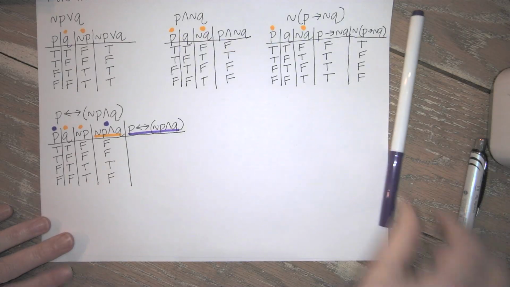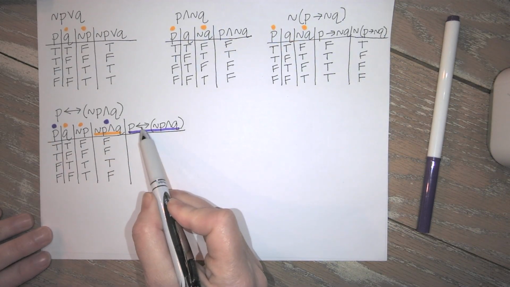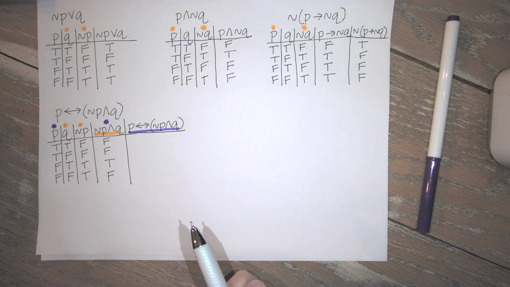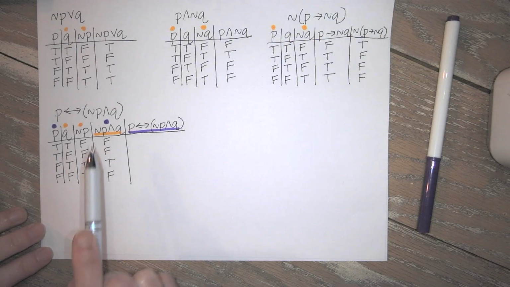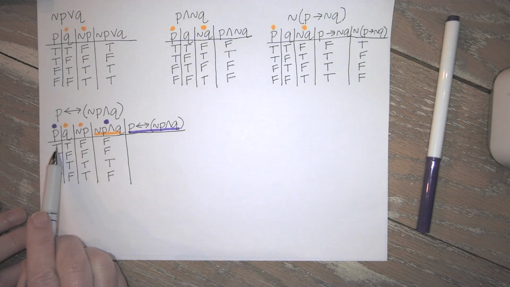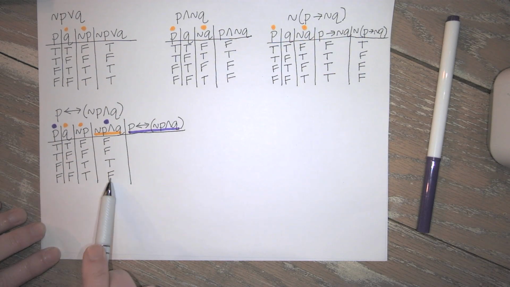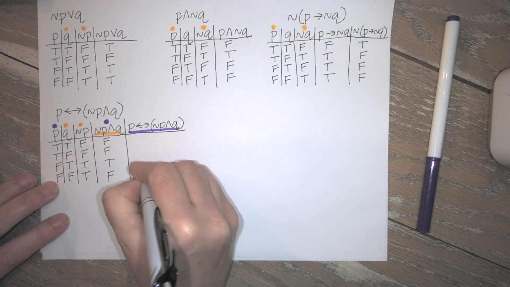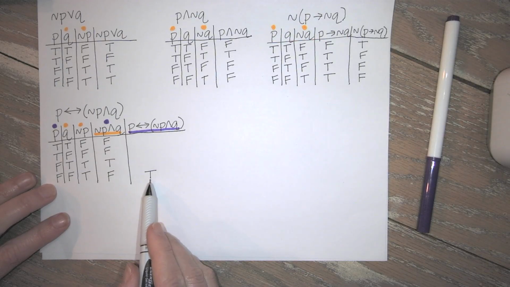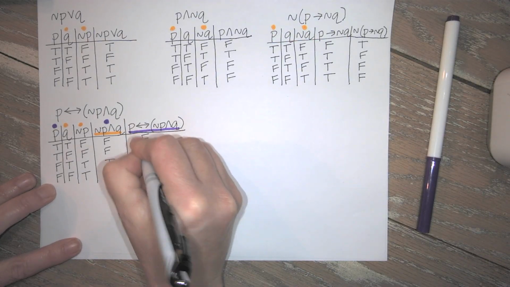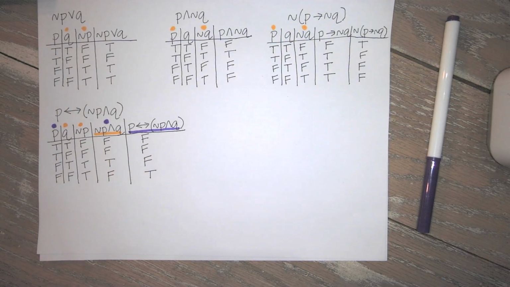So this and this are joined by the biconditional, and the biconditional is only true when these two parts have the same truth value. So here they do not, here they do not, here they do not, but here they do, okay? When they have the same truth value, it doesn't matter if it's true or false. If they're the same, the biconditional is true. So that's the only one that will be true. The rest of these will be false.